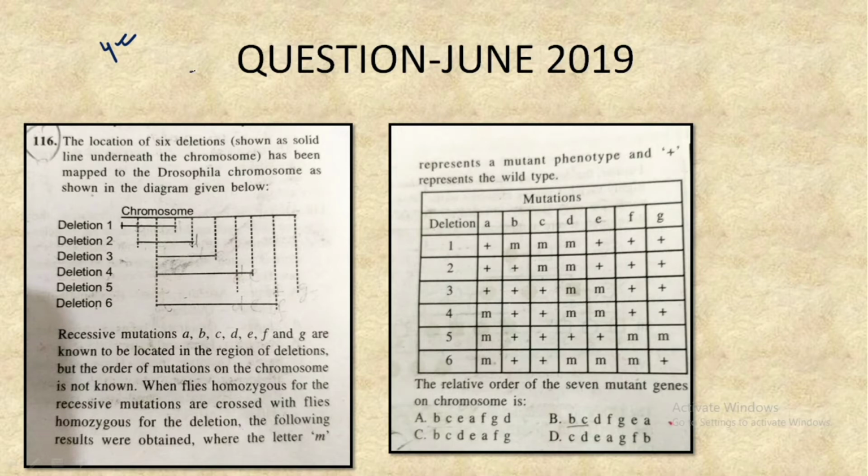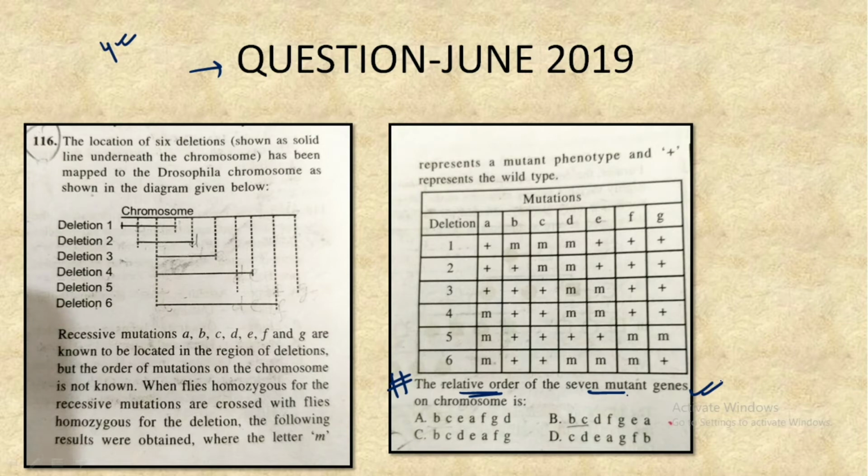This question is from June 2019, and it asks us to find the relative order of the mutant genes. Before reading the complete question, make sure you read the last statement so that you have a brief understanding of what you actually have to do.